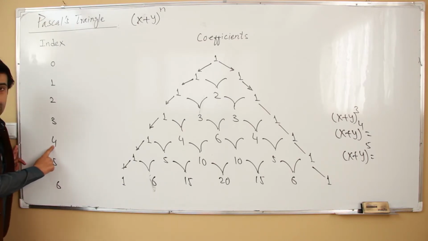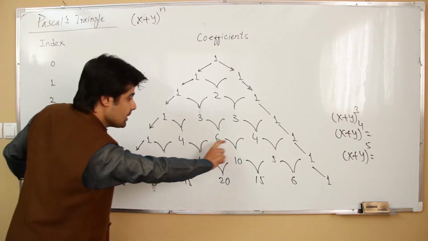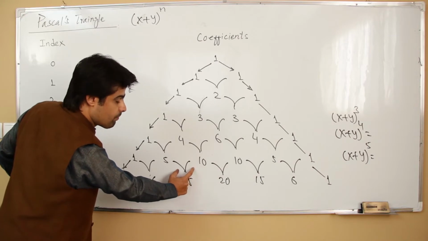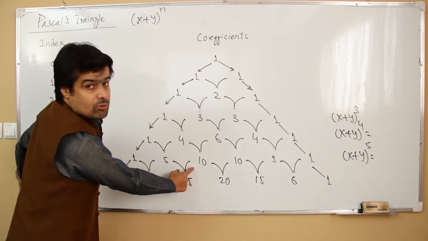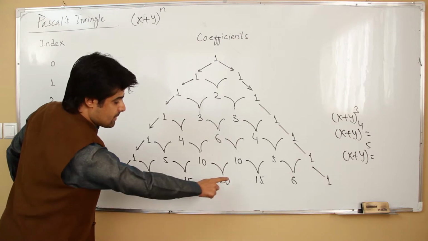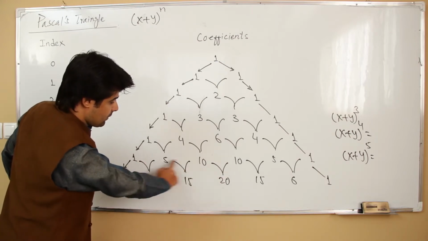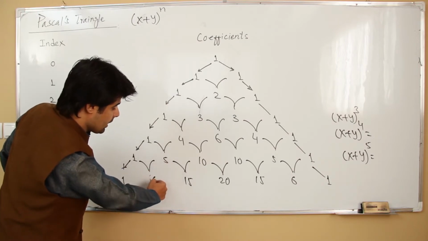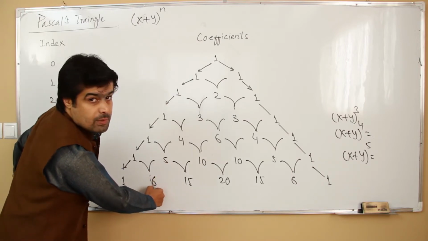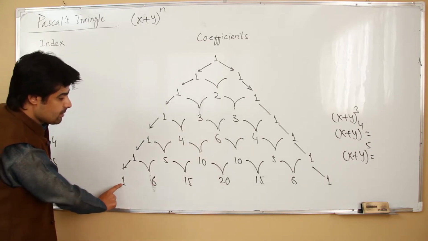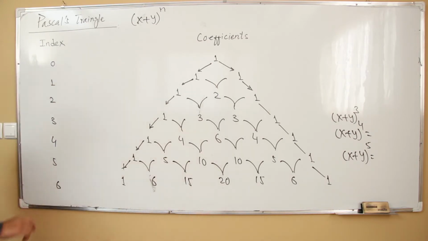It is 4. Now, the summation of these row is the coefficients for x plus y raised to the power 5. For x plus y raised to the power 6, the summations of the preceding row, which is 5, those are the coefficients for x plus y raised to the power 6, but except for the first term and for the last term. I think you have got.